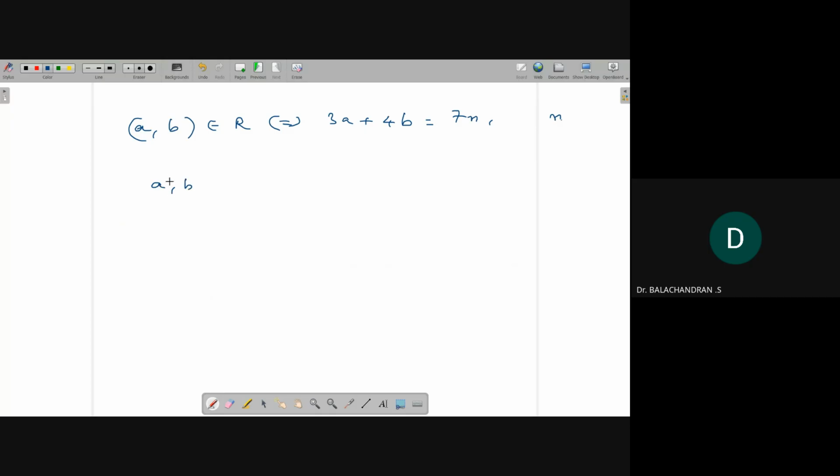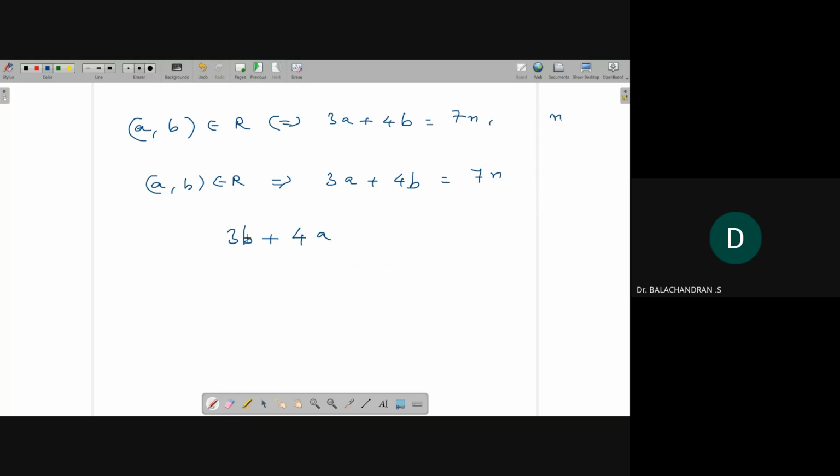a is related to b. So this implies 3a plus 4b equals 7n. Now I am going to calculate 3b plus 4a, because I want to prove b is related to a.